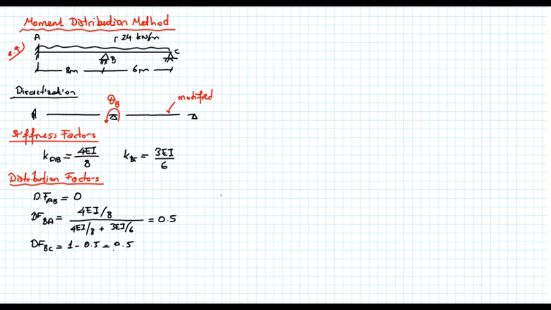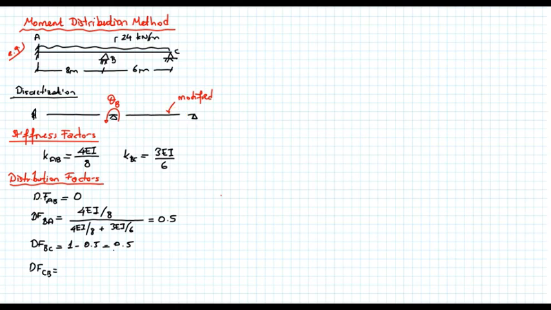Now, let's also calculate the distribution factor CB. So let's figure out what we meant by that. When I apply a moment to node C, since I don't get any resistance from the support, all of this moment should be resisted by member BC.